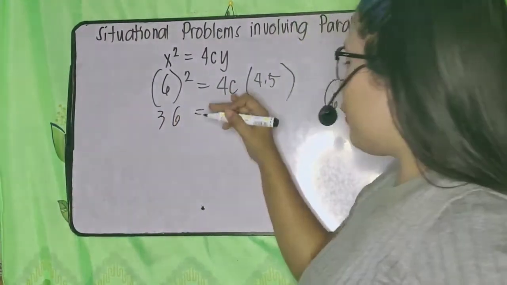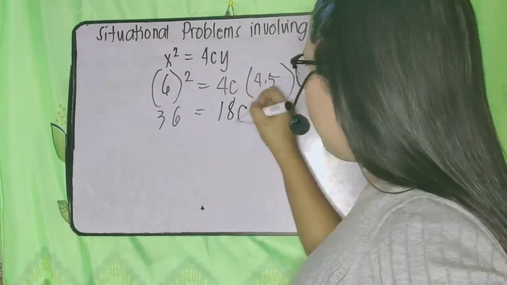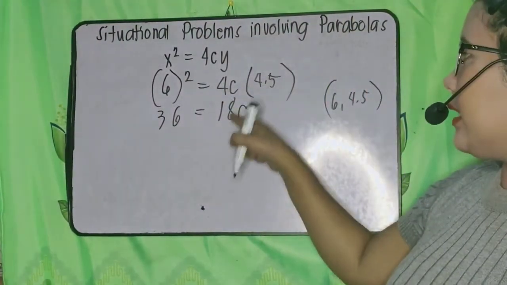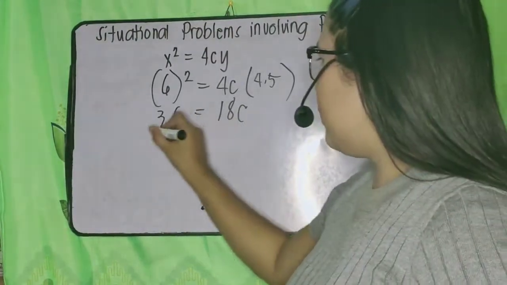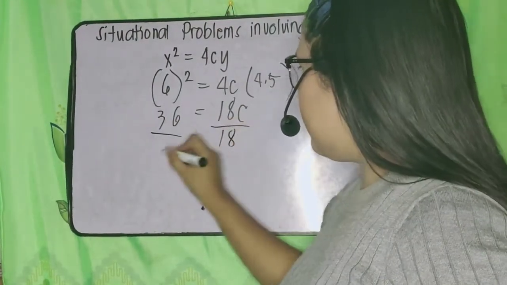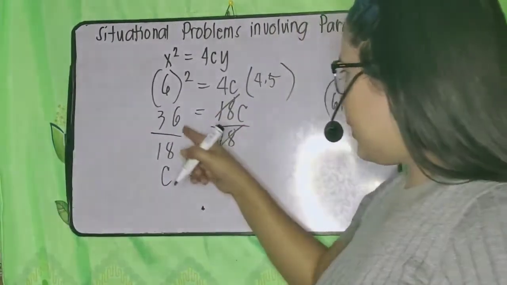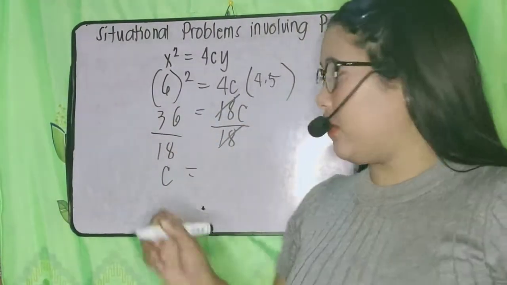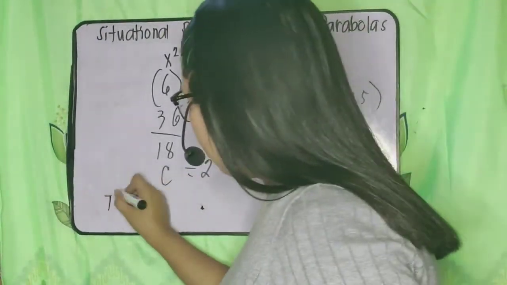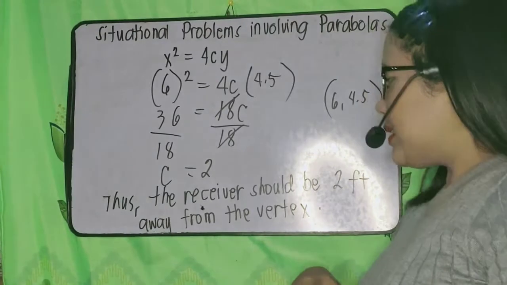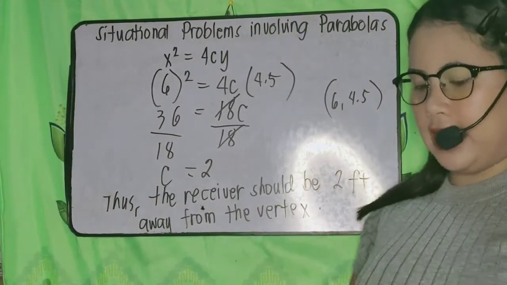And then 4c times 4.5, we have 18c. So 4 times 4.5, we have 18, then copy c. So now, to get the value for c, we're going to divide both sides by 18. So cancel out natin to. So our c is 36 divided by 18, so we have 2. So therefore, thus, the receiver should be 2 feet away from the vertex. So this is our solution.